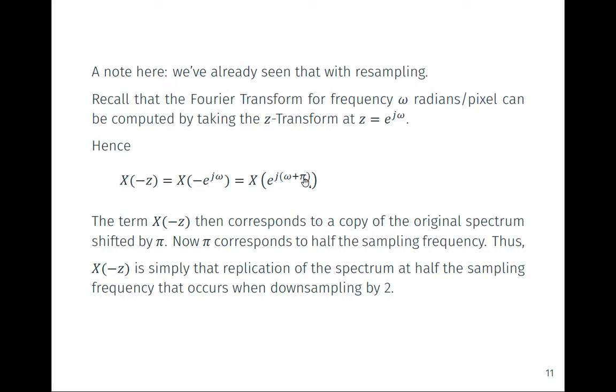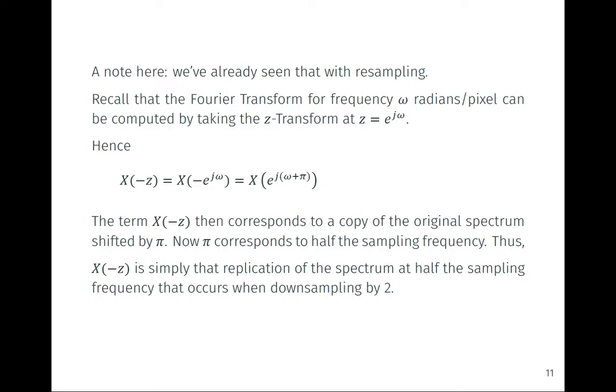So taking minus Z is equivalent to taking the Fourier transform and shifting it by pi. And because the Fourier transform is replicated every 2 pi, now we have this extra replication at pi, and that's exactly what is happening when you do your downsampling.